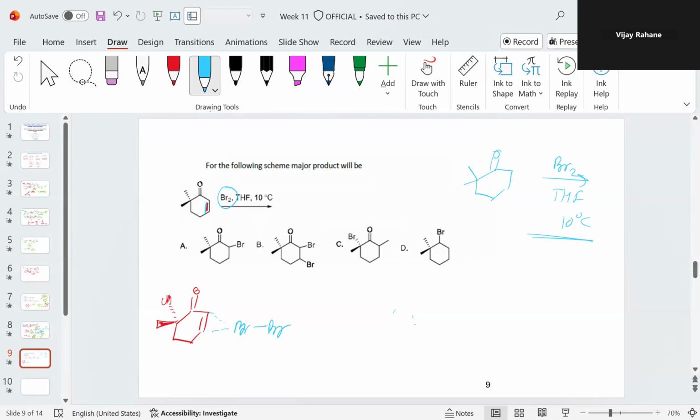Because there is no direct polarization in the bromine, it will be delta positive and delta negative. The olefin is electron rich, so this bond pushes the electron density to one of the bromine atoms and then the charge polarization occurs. This Br negative is then eliminated and we get the intermediate like this.